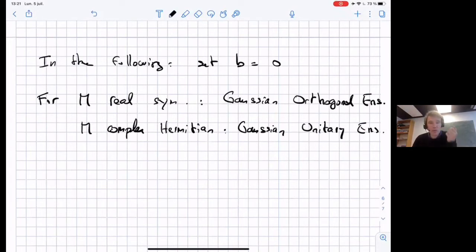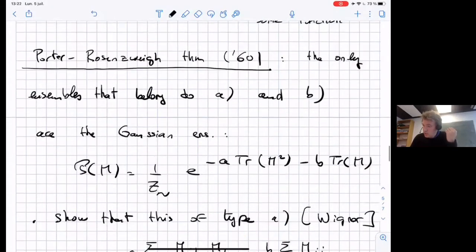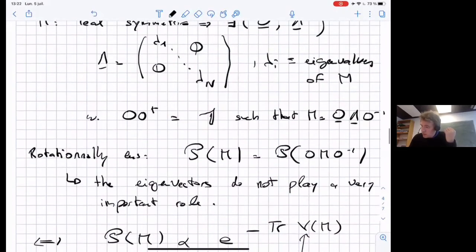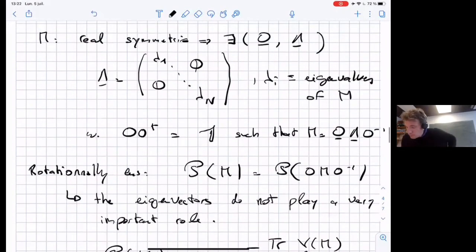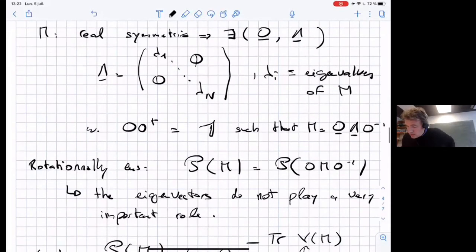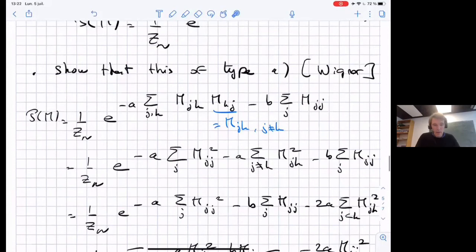It's not that we are considering unitary matrices, but the measure is invariant under unitary transformations. So when you have a complex Hermitian matrix, what I wrote here needs to be slightly modified. You can still diagonalize M under this form, but your matrix O here, which usually we denote by U, is now unitary and not orthogonal.